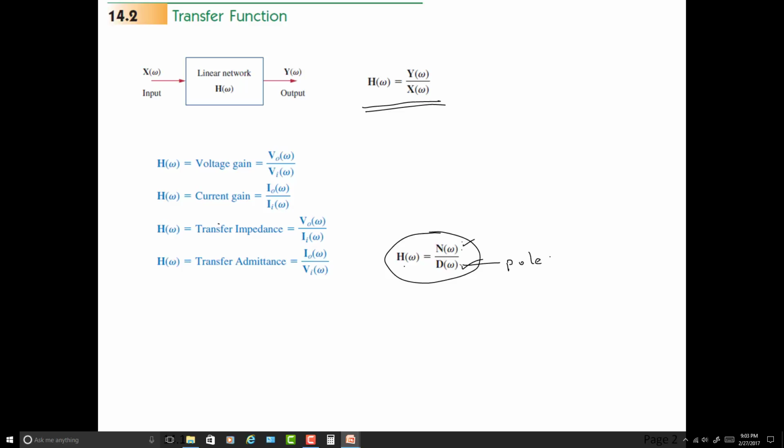So when we're trying to figure out how the frequency response goes, we're going to be looking very carefully and quickly right away at these zeros and poles, because a numerator function that goes to 0 makes the magnitude go to 0, and a denominator function that goes to 0 makes the magnitude go to infinity.